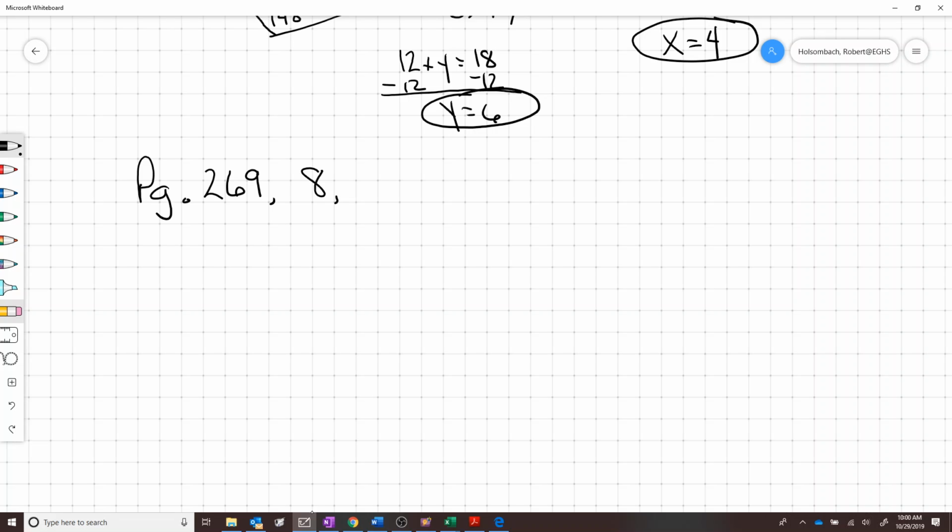And then on the next page, 16 through 19, 27, 28, 34 through 37. Let's make that 34 through 39. 34 through 39.